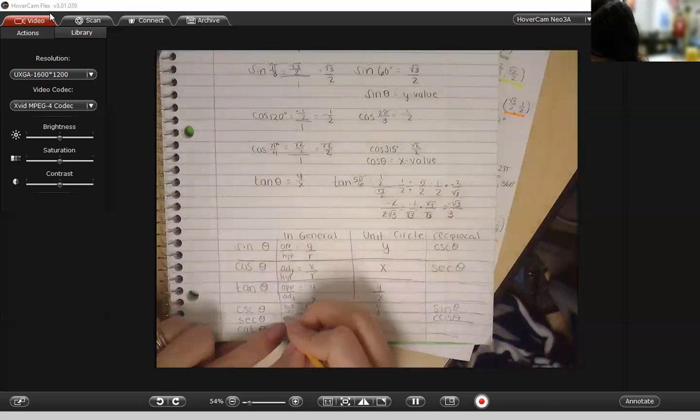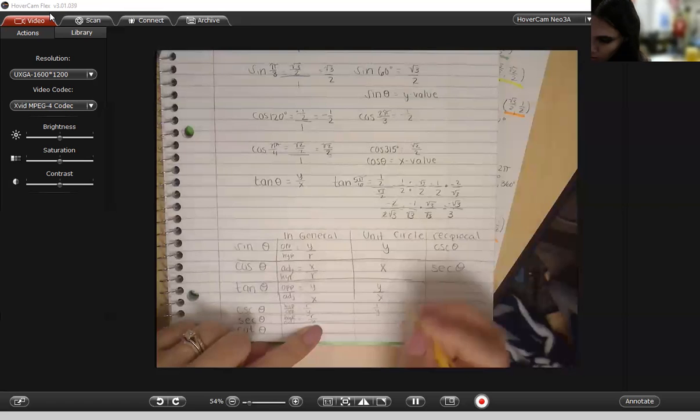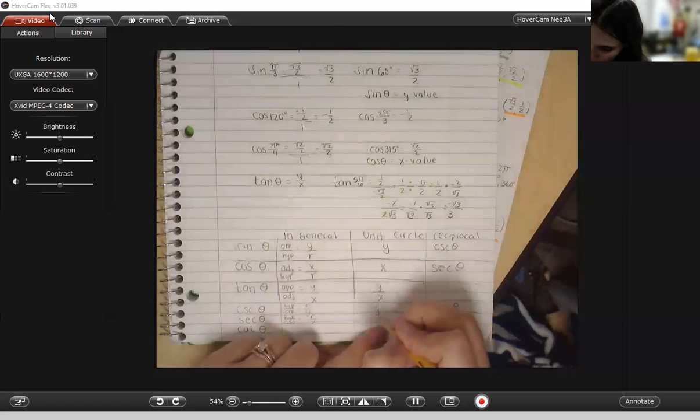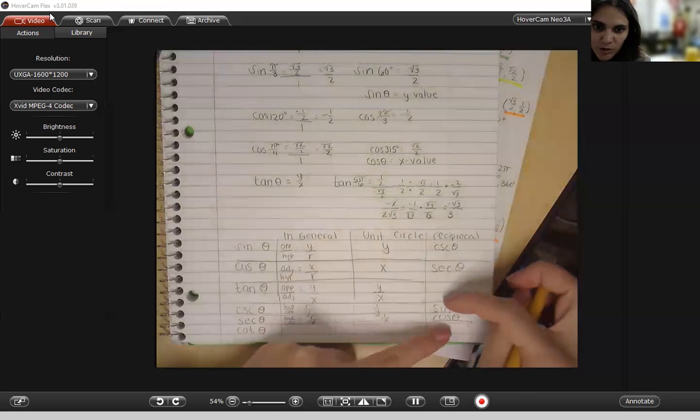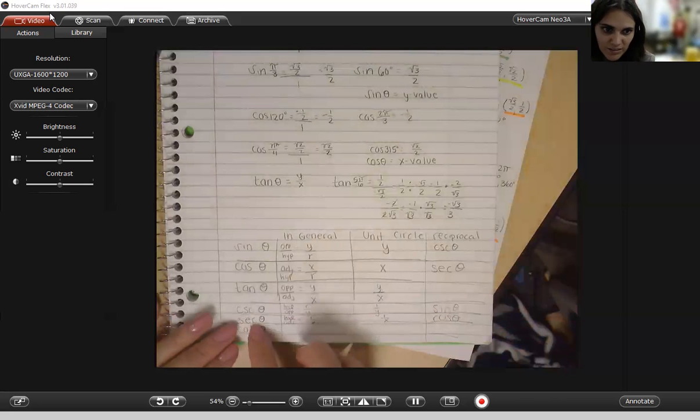Instead of adjacent over hypotenuse, I'm going to have hypotenuse over adjacent, which is going to be equal to the radius over the x value. And in a unit circle, the radius is 1, which becomes 1 over x. Or I could take my cosine, my cosine's already in fraction form, and just flip it. And that's how I get the secant.